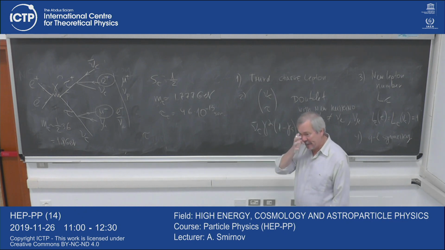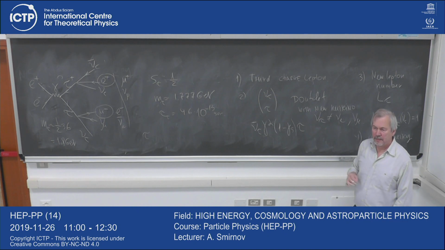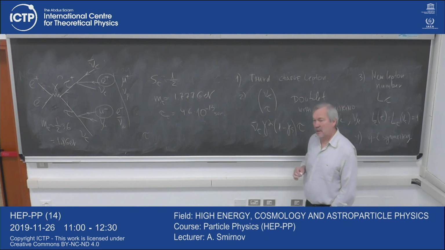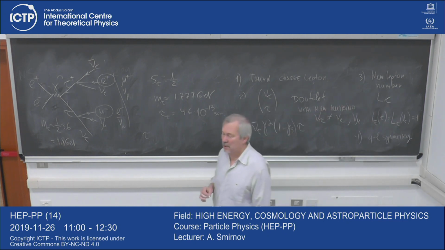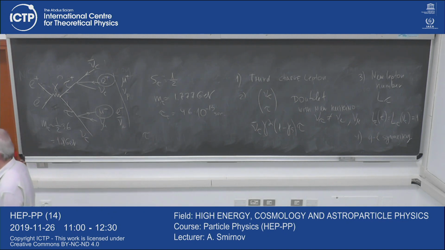Some more questions? Why was tau neutrino difficult to discover? Oh, you need to create an intensive beam of tau neutrinos. You know, the situation is easy, for instance, with muon neutrinos, because muon neutrinos are produced in the decays of pions.